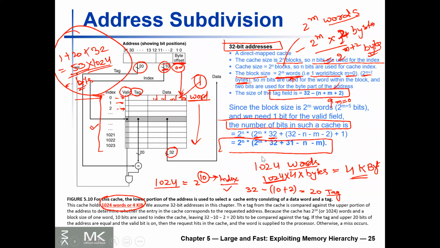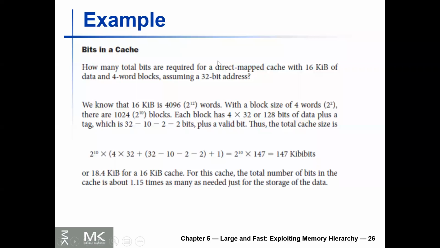You can have a look at it. This is the question. They are asking how many total bits are required for a direct mapped cache with 16 kilobytes of data and 4-word blocks. Assume 32-bit addressing.